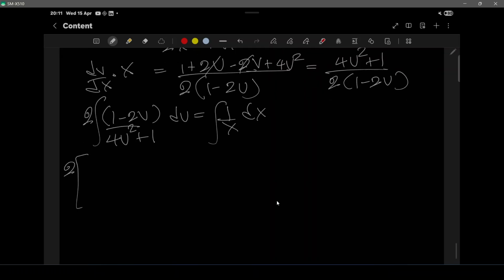We can just do 1 over 2v squared plus 1. I leave 4v squared as 2v altogether squared, minus, here I have 2v over 4v squared plus 1.